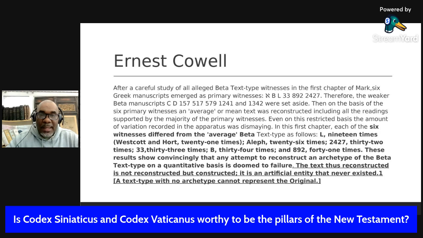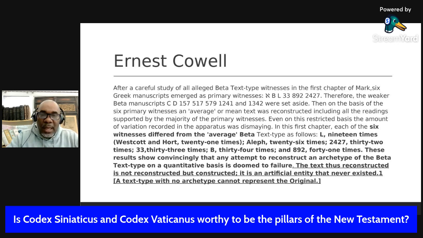So basically, the average or mean was reconstructed, including all the readings supported by the majority of the primary witnesses. If all of them had a vote, right? If you have 5 manuscripts supporting one particular reading, and so forth.